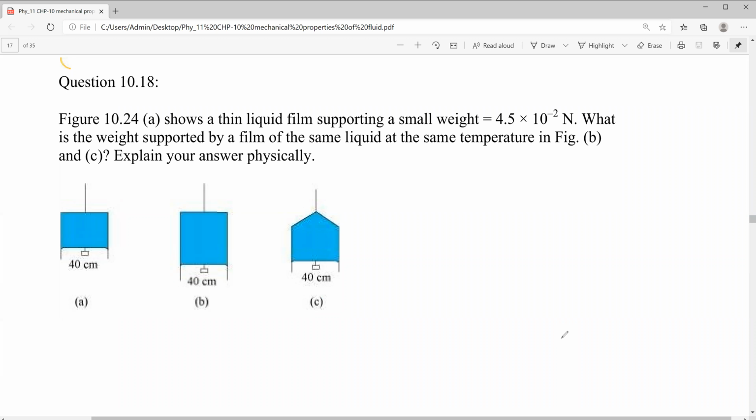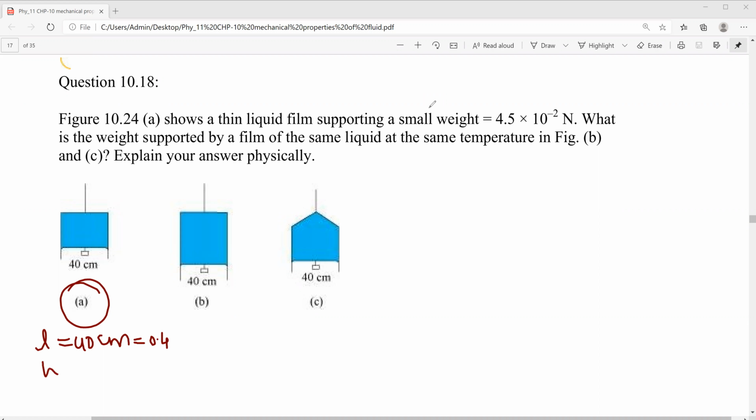So here, see the diagram first. In case A, what is the reason? The length of the liquid film supported by the weight, L is equal to 40 centimeters, which converted into meters becomes 0.4.